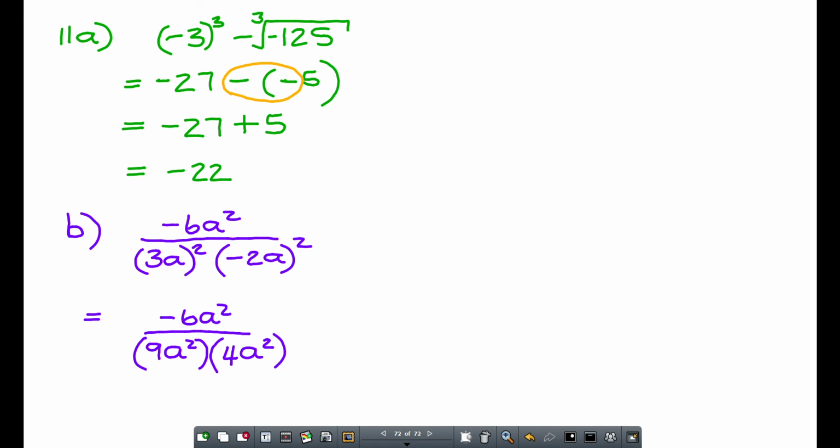Minus 2 times minus 2. Okay, so that is what I'm looking at. Minus 2a to the power of 2. Remember, that's the same as minus 2a times minus 2a. And the two negatives will then become a positive.